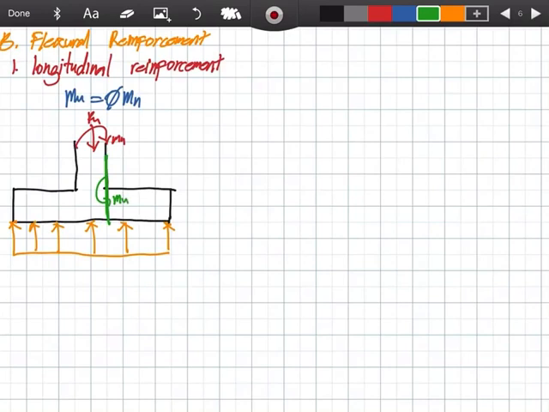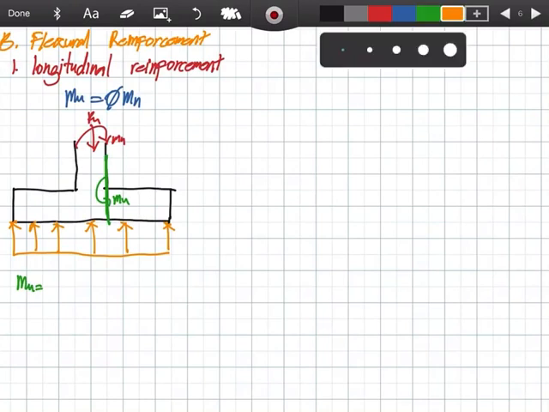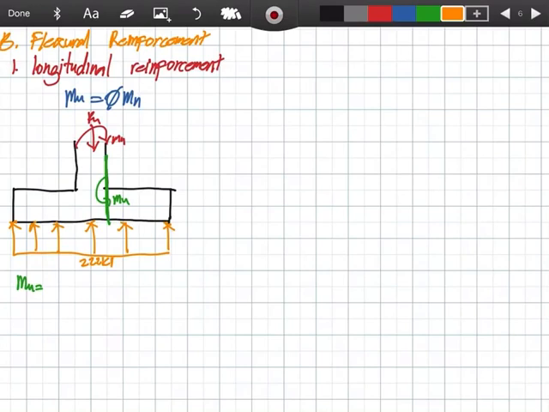Okay, so paano natin makukuha yung moment na yan? Mu is equal to, ano yung Q average natin? 222 kPa. At ano tong width na to? This is 2 minus 0.4 divide it by 2. This will be 0.8 meters. Okay?